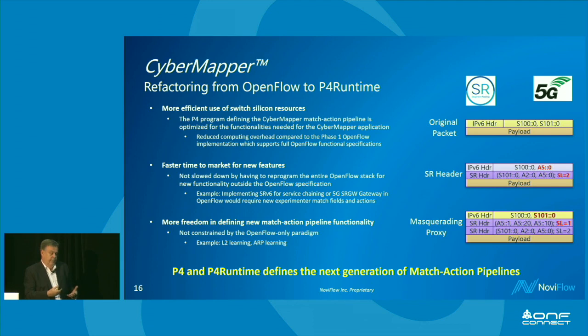In OpenFlow, to do even the simple L2 learning, you actually had to send the information up to the controller, and then the controller would add a flow entry in the learning table. And with P4, we can actually create that autonomous function in the switch. And there are a lot of examples of those kinds of autonomous functions.